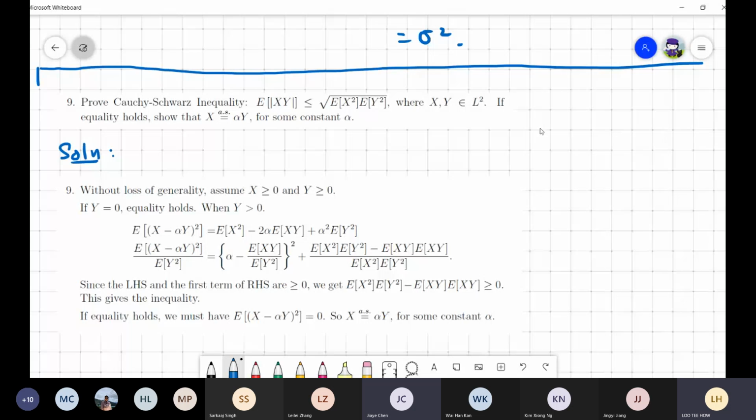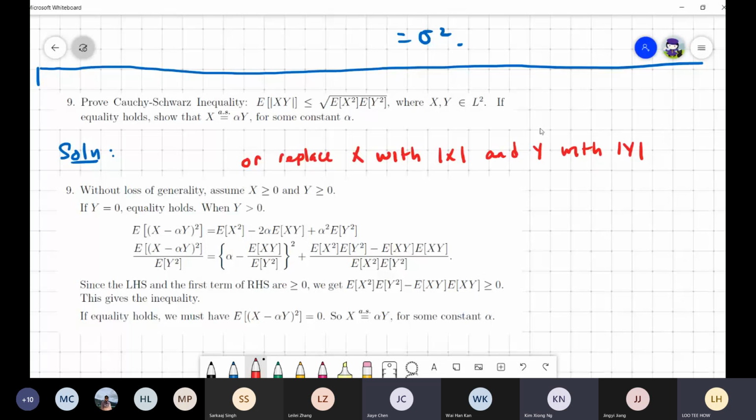Since we are dealing with modulus, we can assume X and Y are non-negative. If you don't want to assume this, you replace X with modulus of X and Y with modulus of Y, so you always need to put a modulus inside there.